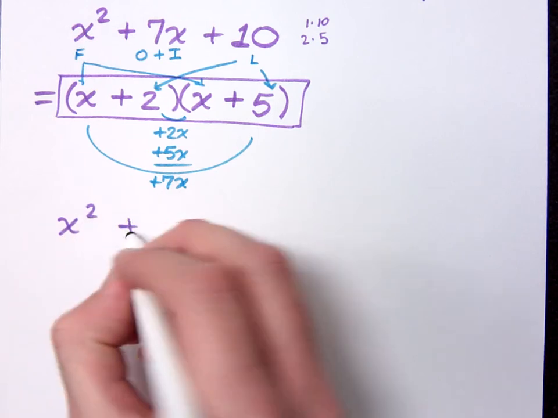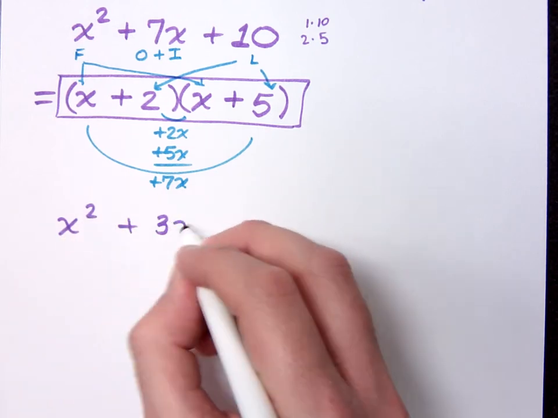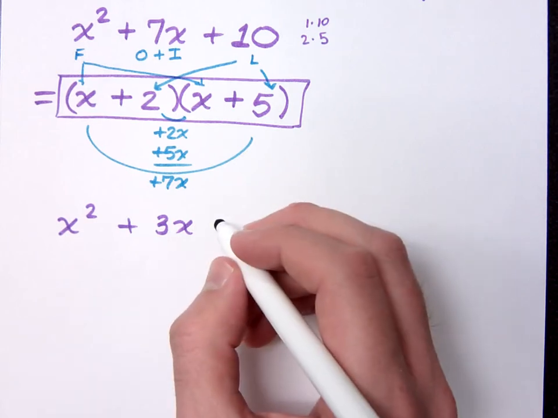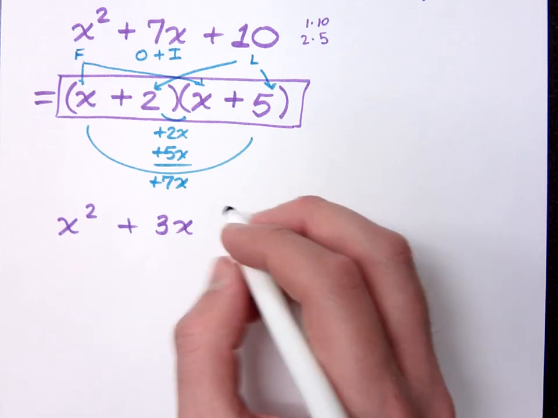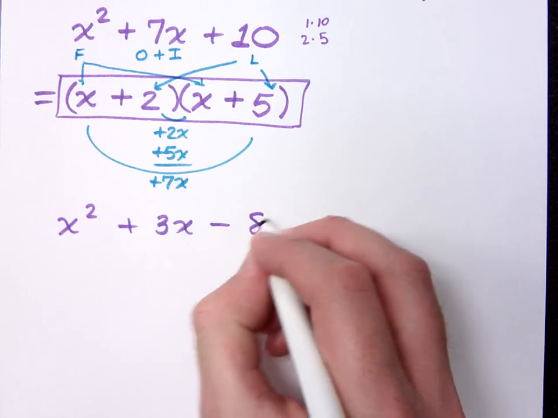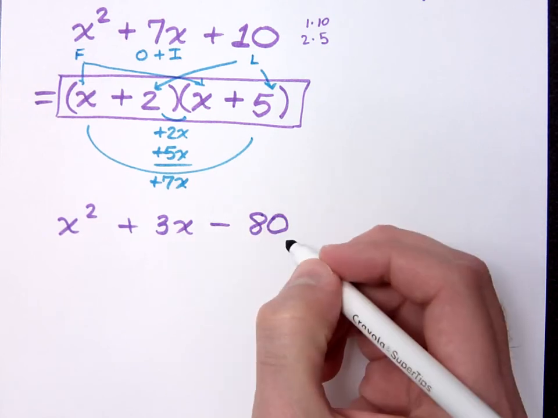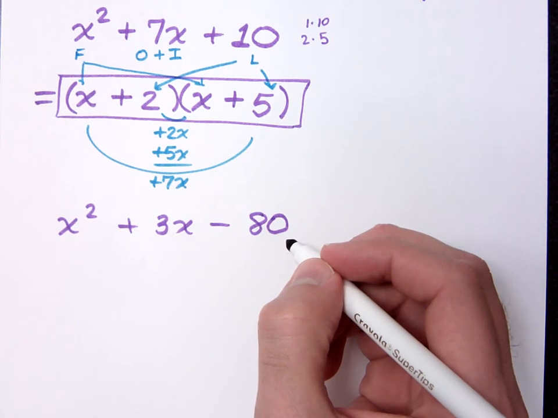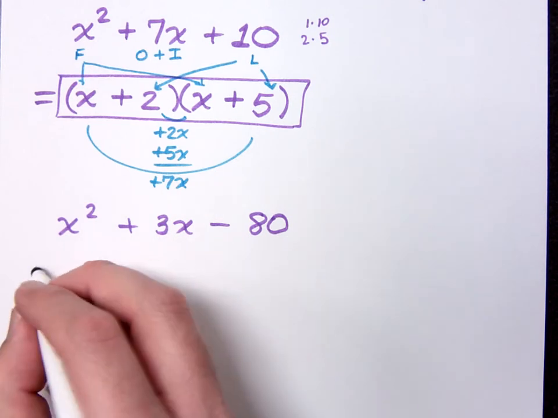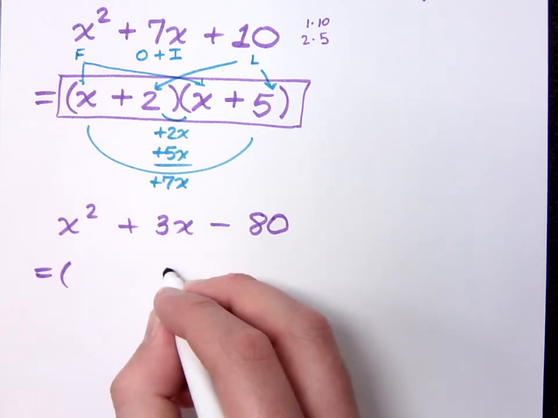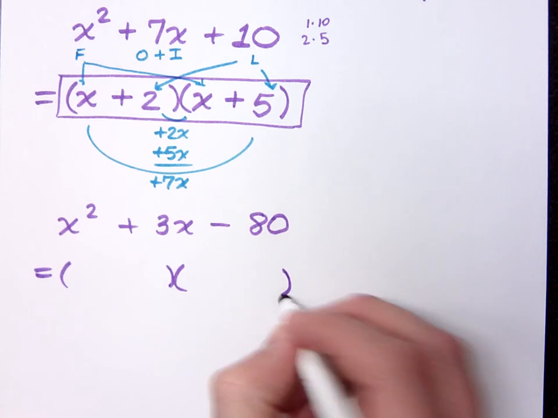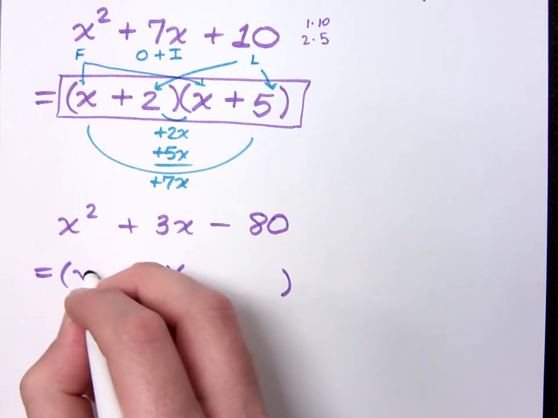5x squared plus 3x minus 80. Now, if you were going to factor this guy, you'd probably break down the x squared as x and x, right?